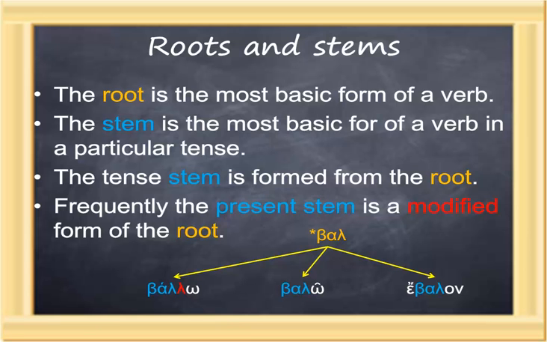But in the present, that root, bal, is modified by an additional lambda to form the present. So it's not that a lambda has dropped out, moving from present to future. It's that to the root, bal, an extra lambda has been added to form the present.